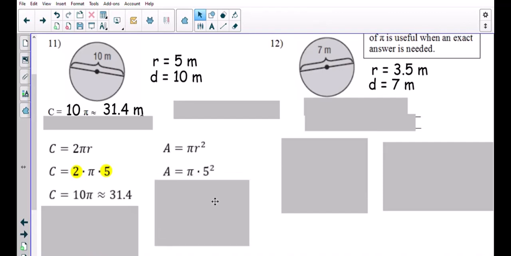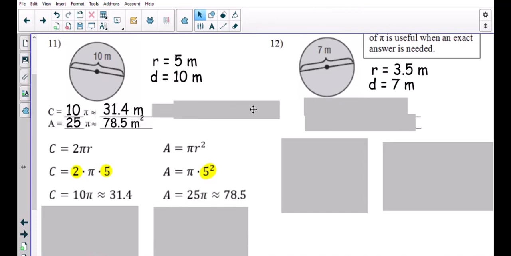So take pi times 5 squared. 5 squared is 25, so I will write my area as 25 pi, and 25 times pi is about 78.5 when I round to the nearest tenth. So the area is 25 pi, that's about 78.5. Since it's an area, we'll write it as meters squared.